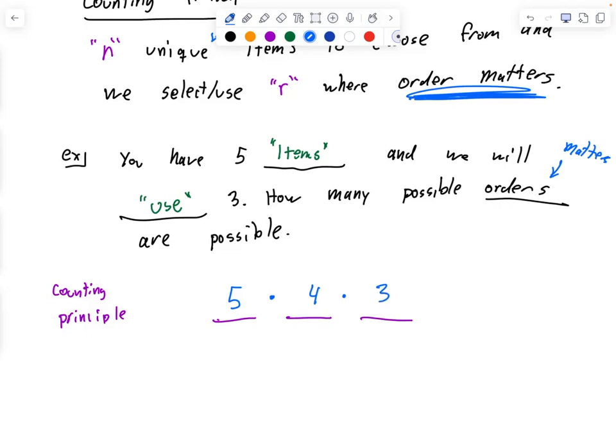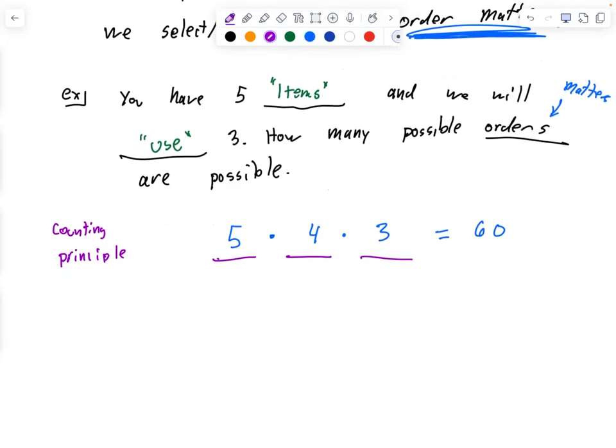So notice, this is the same thing as 5 factorial over what? Over, no, not over 3 minus 1, which is 5 factorial over 2 factorial, which gives me the 60.